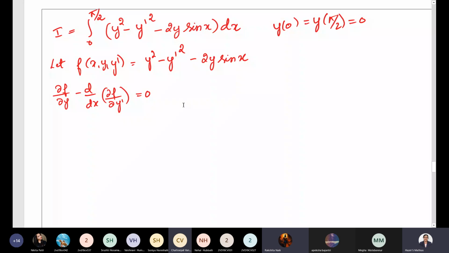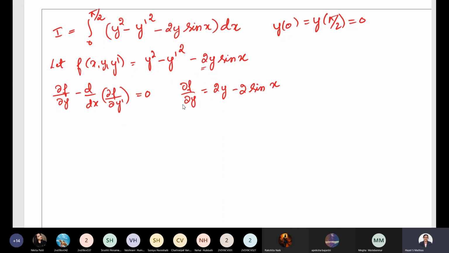Let's find dou f by dou y. What is dou f by dou y? It is 2y, then here this will be 0. What about this term? Differentiation of y will be 1, so we will have 2 sin x, minus 2 sin x.